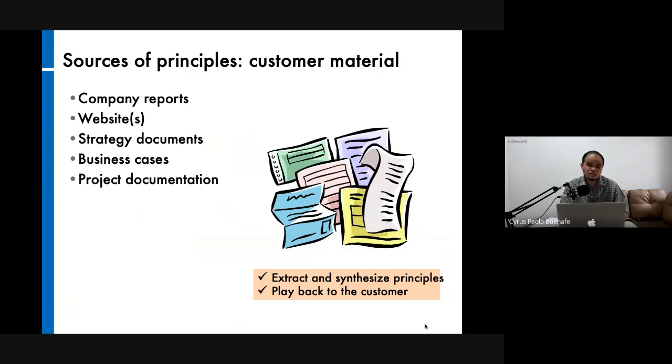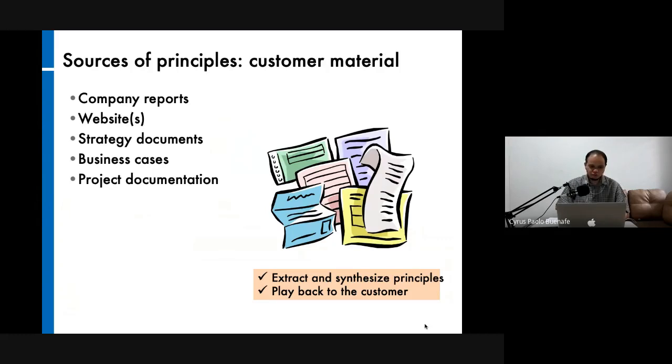They're very much accessible, and can be analyzed and interpreted by many people. But naturally, you do not simply limit yourselves to these things. You are also tasked to do interviews and the like, which is something you'll eventually learn in consulting. But customer materials are a good start to formulate your principles.